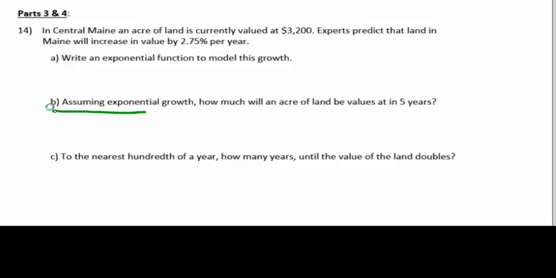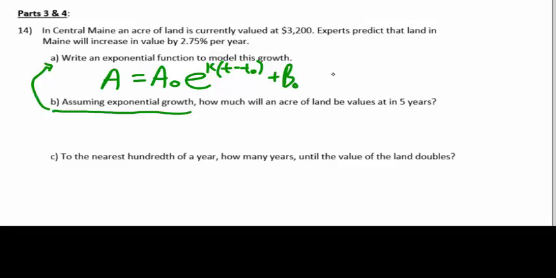The assuming exponential growth part is actually in your part A, okay? I didn't copy it onto here correctly, but it's the same. It's asking the same question. So we're going to use our exponential function, A equals a sub 0 e to the k times t minus t0 plus b0. Okay, which we rarely use.